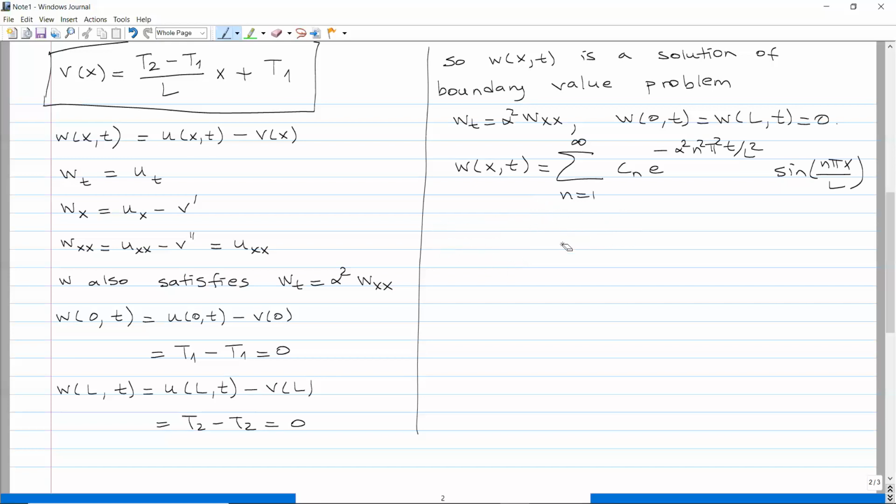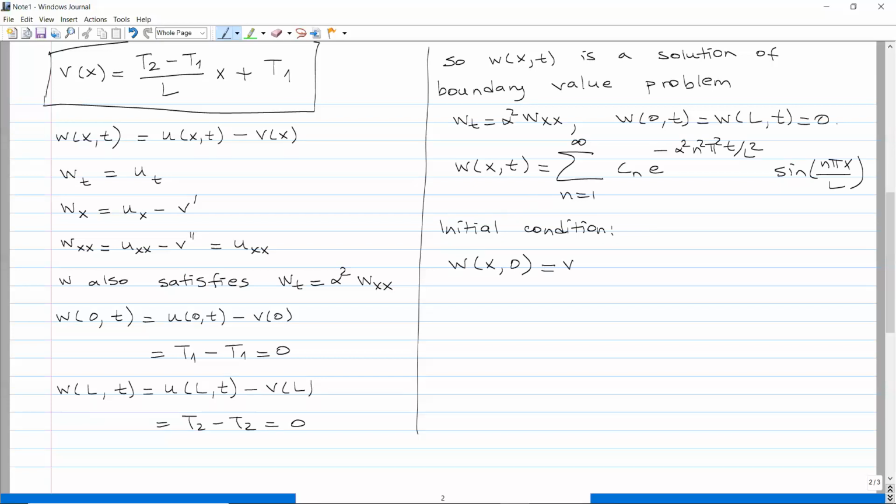Maybe first I need to write it separately. So what is the initial condition? The initial condition is the heat distribution at time 0.